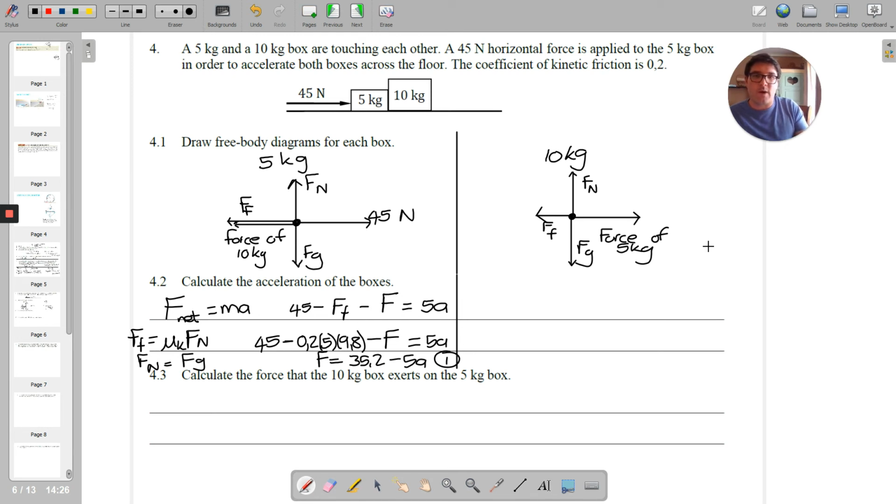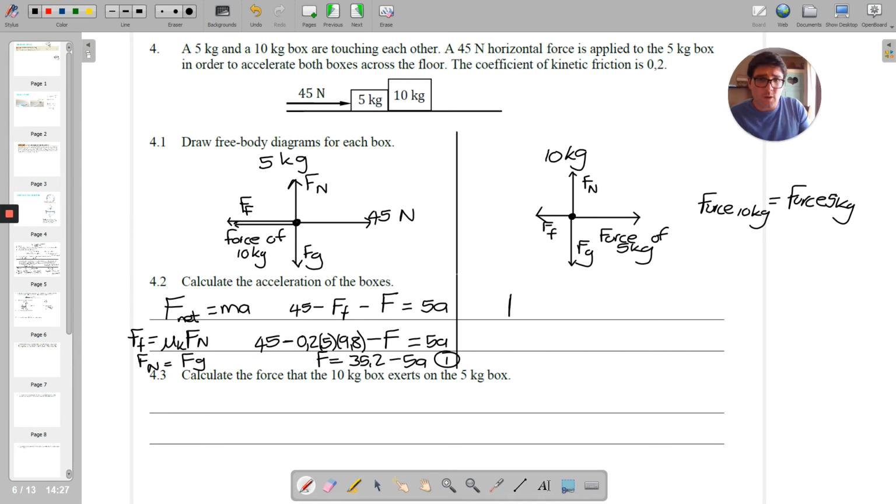Setting up the same equation for the 10 kg block, and I just want to remind you, like I've said before, the force of the 10 kg is equal to the force of the 5 kg in this problem. Okay, so it's the same magnitude force, and that's actually according to Newton's third law, which we will be doing later on.